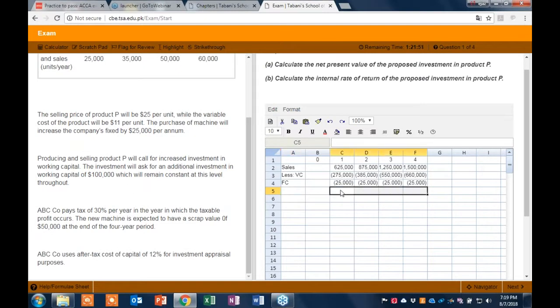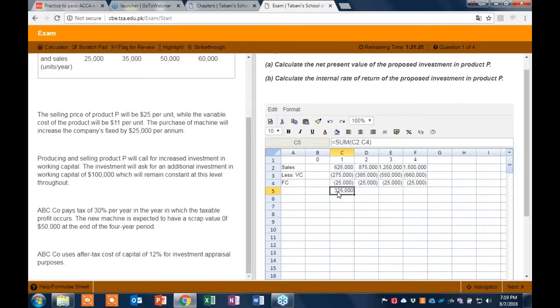So before we calculate the tax liability, we should sum all the cash flows from C2 to C4. So when we apply the formula of sum on these three cells, it will automatically deduct whatever is negative.